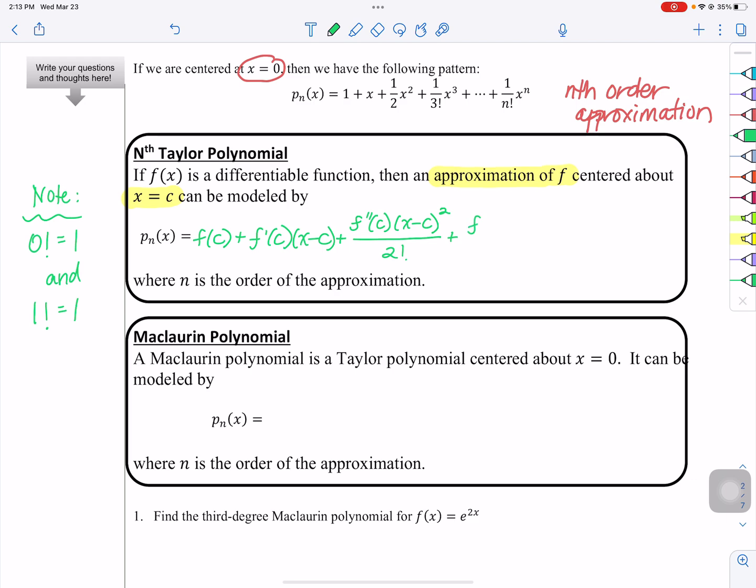Plus, let's go ahead and write the third derivative evaluated at c times x minus c cubed over, you guessed it, 3 factorial.